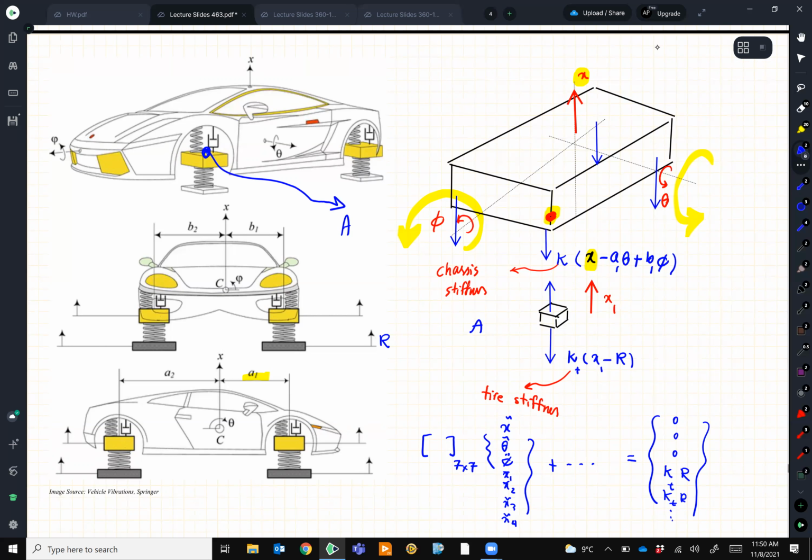This is actually what people in industry do to figure out the vibration of a car. The only difference they add, which I didn't want to add, but you can if you are interested, is that all cars have an engine right here. And the engine spins with an omega.